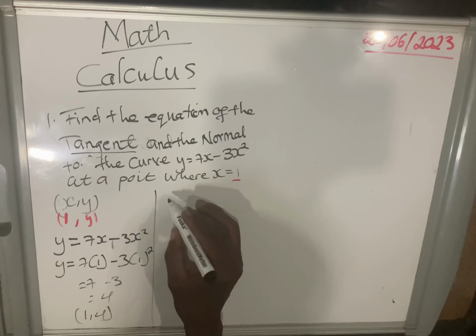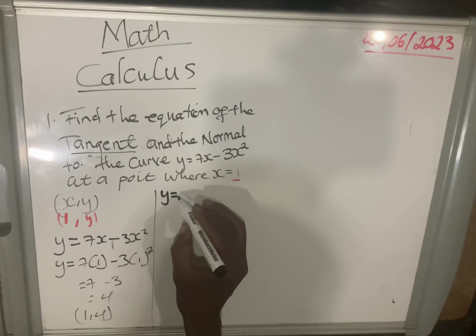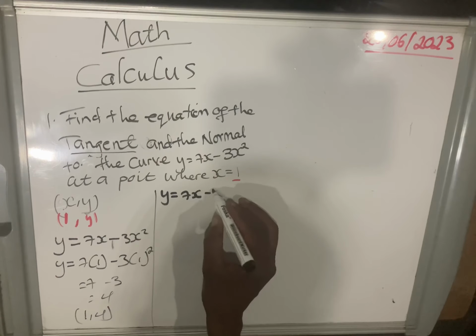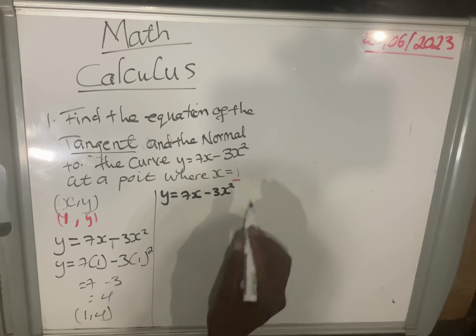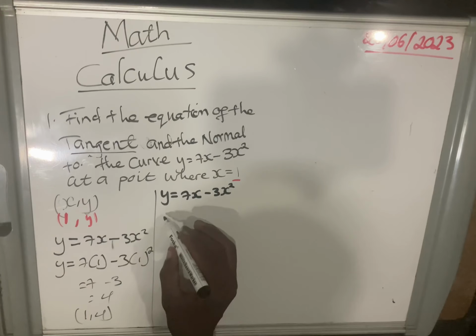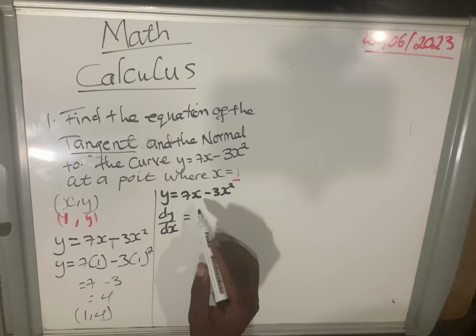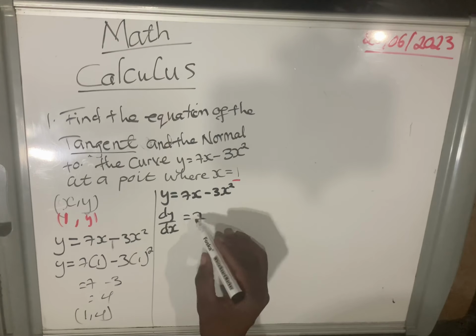So in this case, the equation given is y equals 7x minus 3x squared. So we have to find the dy dx of this expression. So dy dx equals power times the base. Then this will always give you 7.